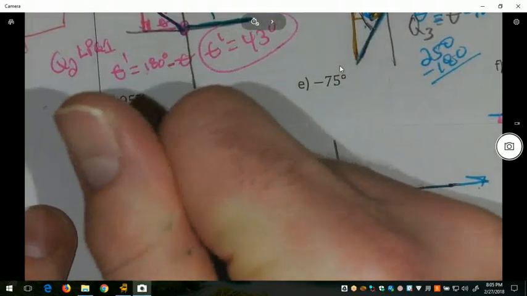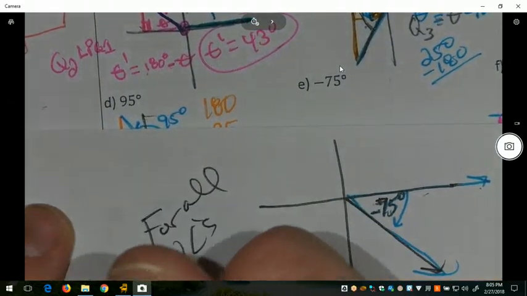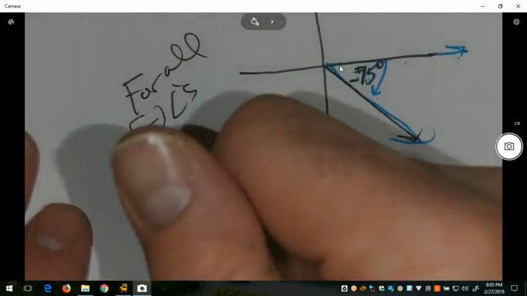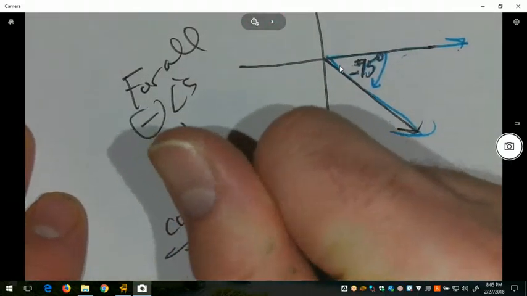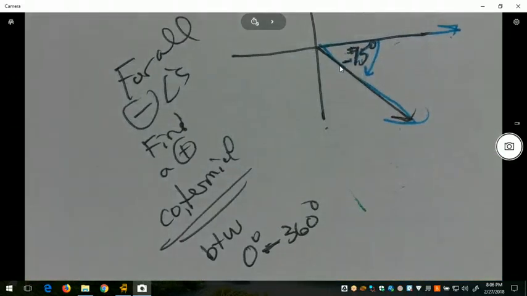So for all negative angles, find a positive coterminal between 0 degrees and 360 degrees, and even for angles greater than 360 degrees.